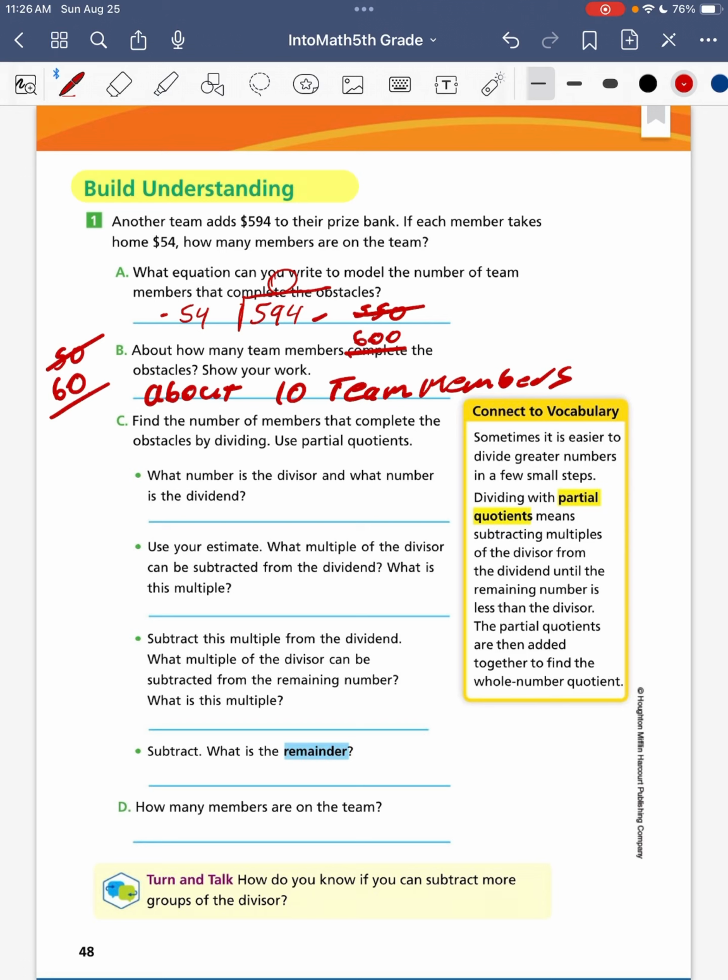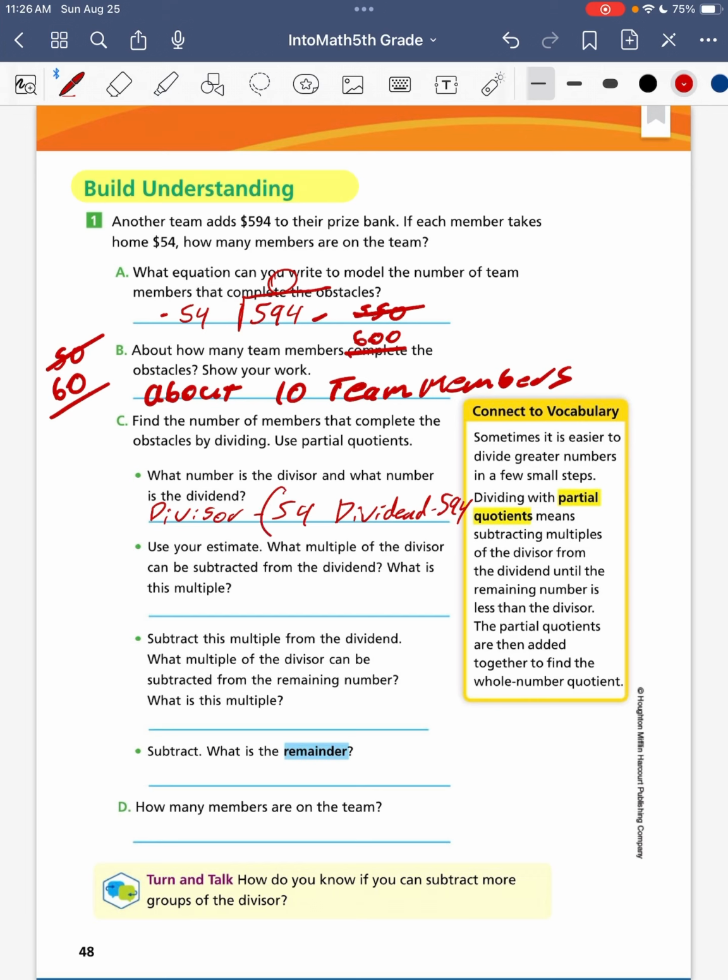All right, now we need to find the number of members that complete the obstacles by dividing using partial quotients. What number is the divisor and what number is the dividend? Our divisor is 54, and our dividend, or our total, is 594. Using our estimates, what multiple of the divisor can be subtracted from the dividend?